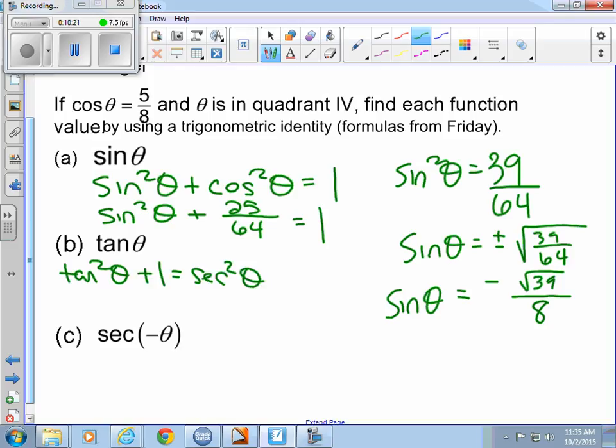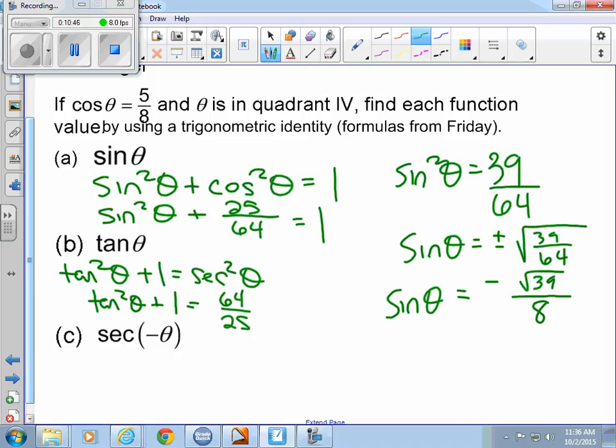So secant would be 8/5. So secant squared would be 64/25. Do we agree? Subtract 1, which would be 25/25.